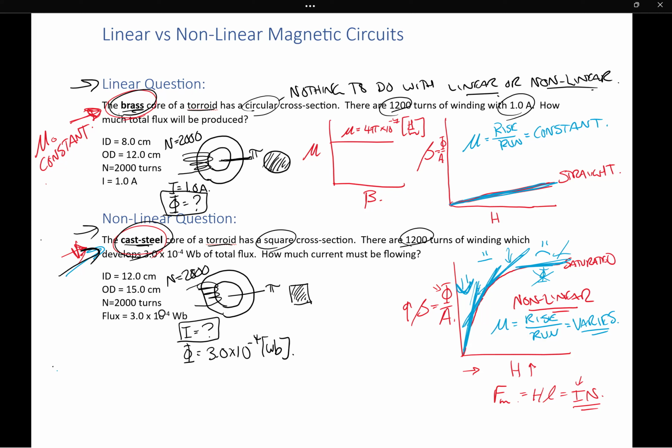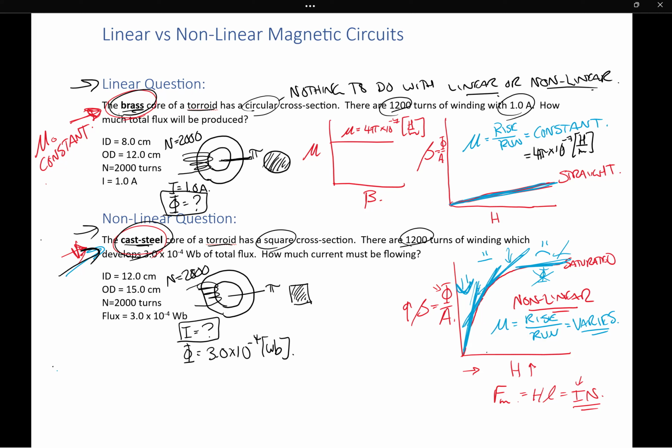So we have to approach these questions differently, because for the first question, it's linear, therefore I just substitute in permeability as a constant, which is that of free space, 4 pi times 10 to the negative 7 henries per meter.